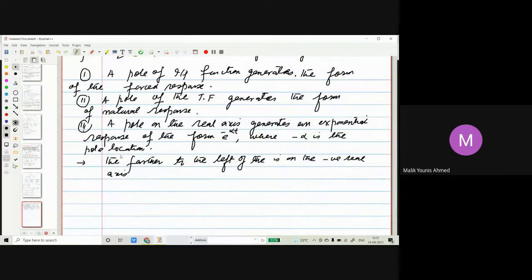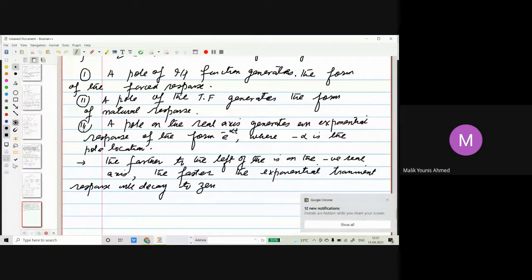Then the faster the exponential transient response will decay to zero.